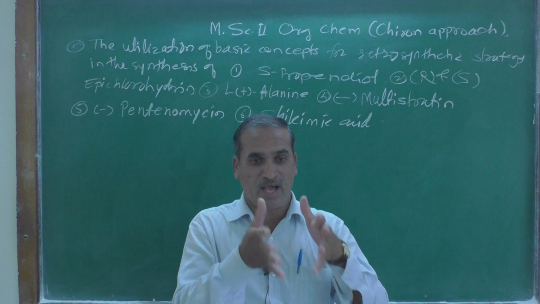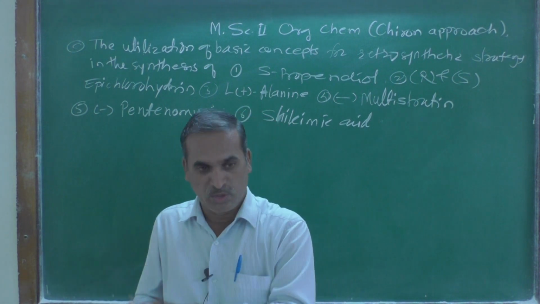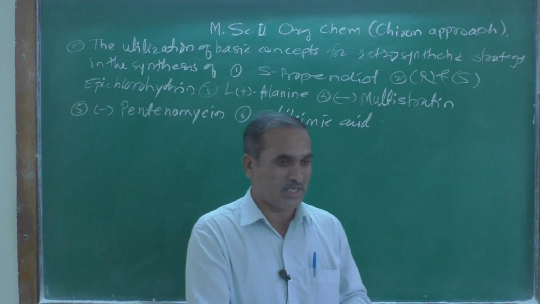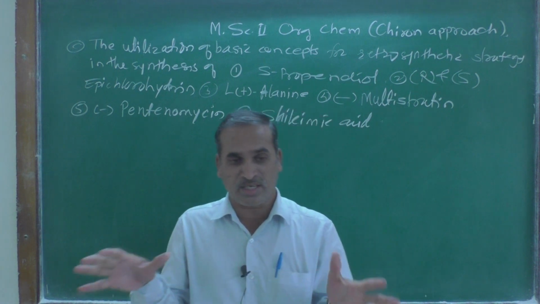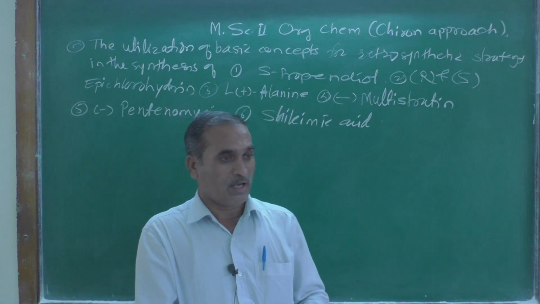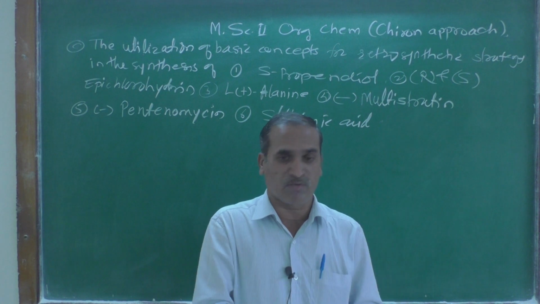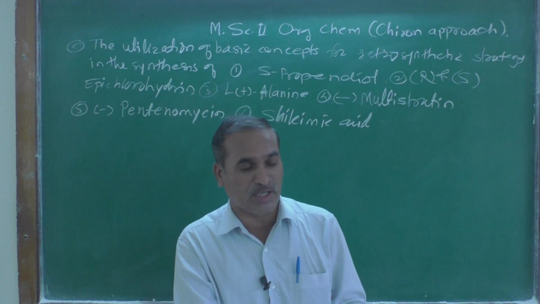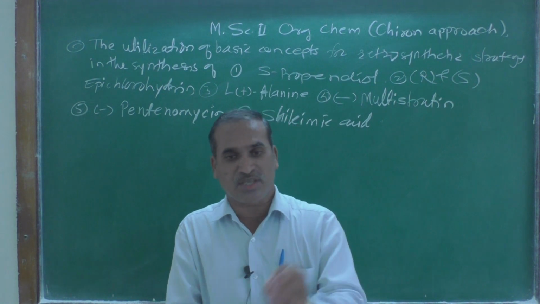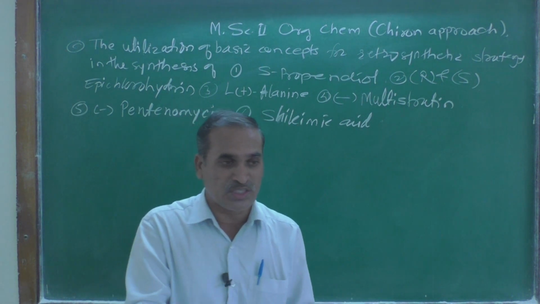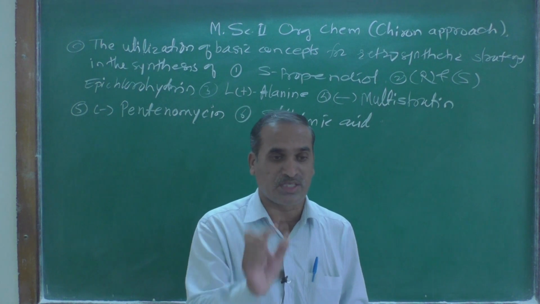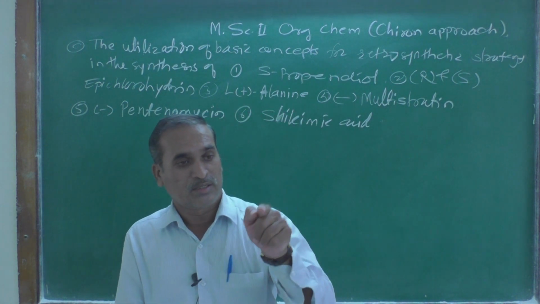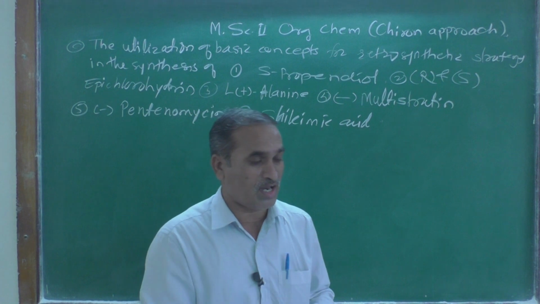While keeping the Chiron approach, how do we do that? Retrosynthetic analysis is a process. The process of breaking down the target molecule into convenient starting material using disconnection and FGI is known as retrosynthetic analysis.